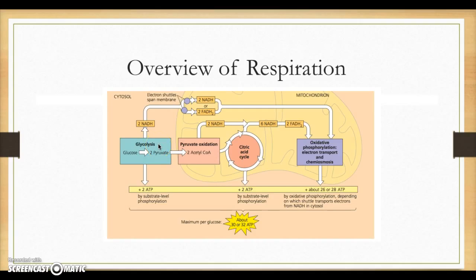And then the pyruvate enters the mitochondria and is oxidized to two acetyl-CoA, and two NADH are synthesized, and then the two acetyl-CoA enter the citric acid cycle, and at this time, two ATP, 6 NADH, and two FADH2 are synthesized.